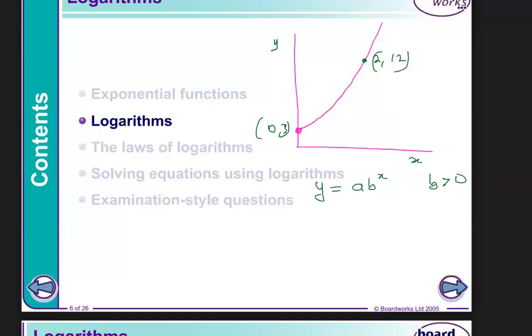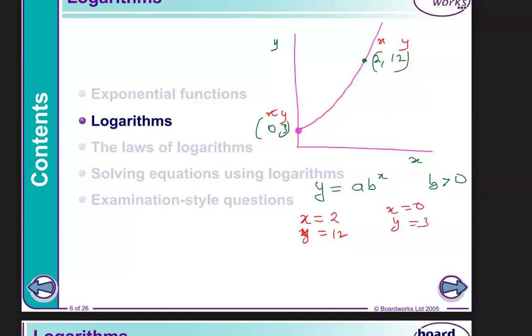So for the first coordinate, x equals 2 and y equals 12. For the second coordinate, x equals 0 and y equals 3.